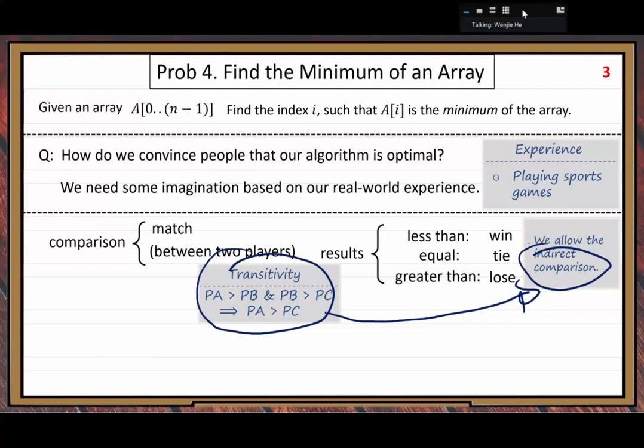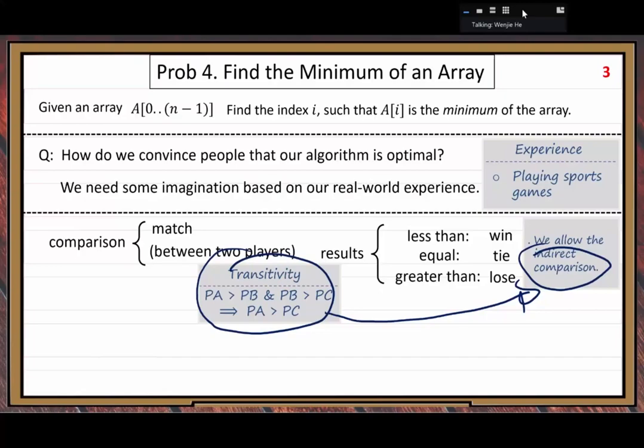So what's that? Look at here. PA greater than PB. There is one direct comparison between PA and PB, right? PB greater than PC. There is one direct comparison between PB and PC. Then we can conclude PA must be greater than PC without a new comparison.